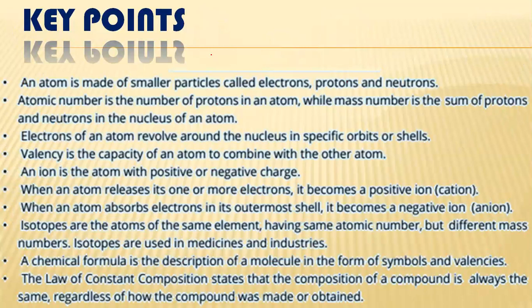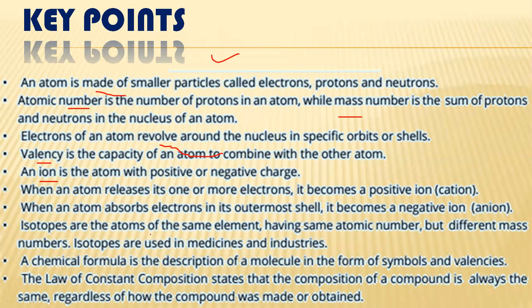Okay, dear students, let's review this lesson. We have seen atoms, their structure, mass number and atomic number. Then we saw electrons and shells. We saw valency, and cations and anions.